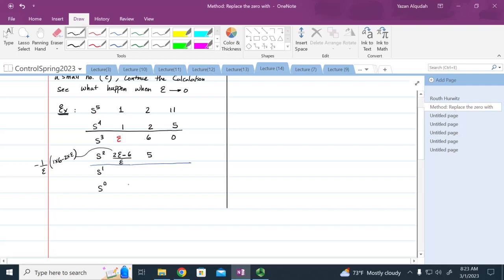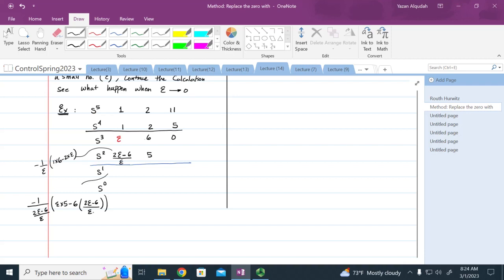So we're going to calculate the next entry. And this entry is going to equal negative 1 over 2 epsilon minus 6 divided by epsilon, and then 5 times epsilon minus 6 times 2 epsilon minus 6 divided by epsilon. Negative 1 over this, minus this.